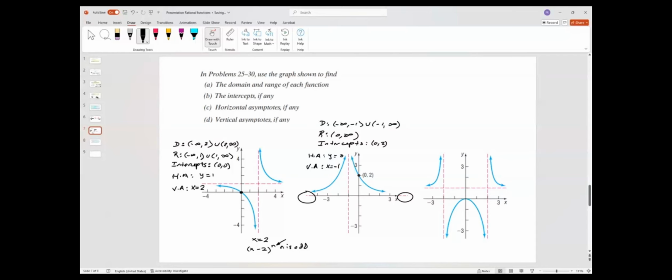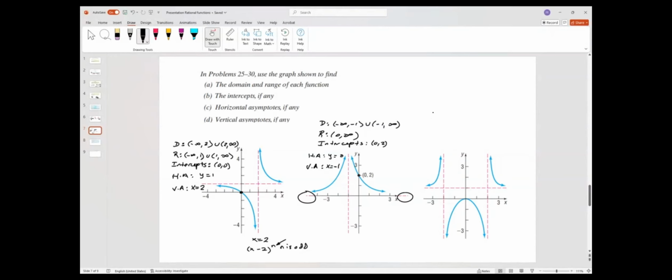Let's see the last case. In the last case, I have a function that has 3 branches, right? So when I analyze the domain, I see how there are 2 discontinuities at x equals -2 and at x equals 2.